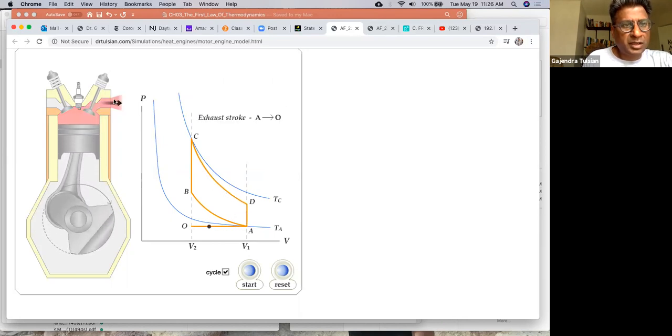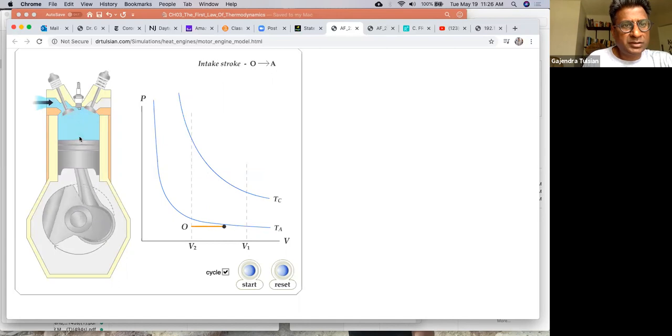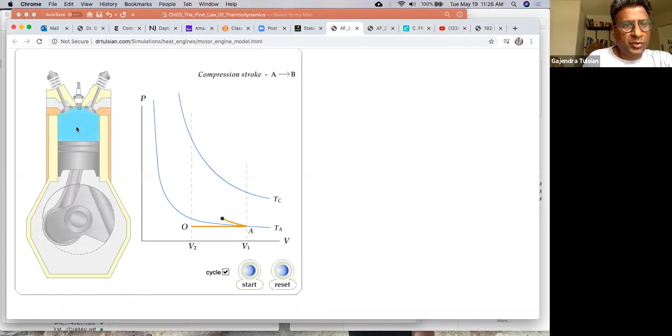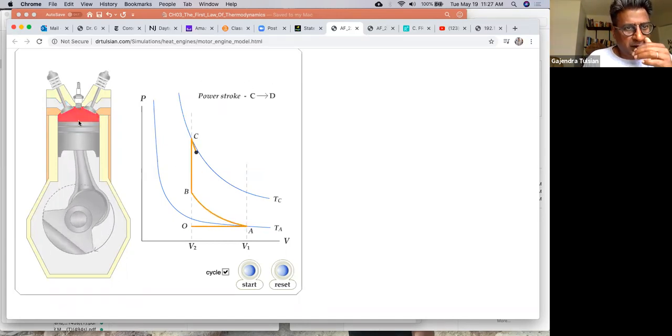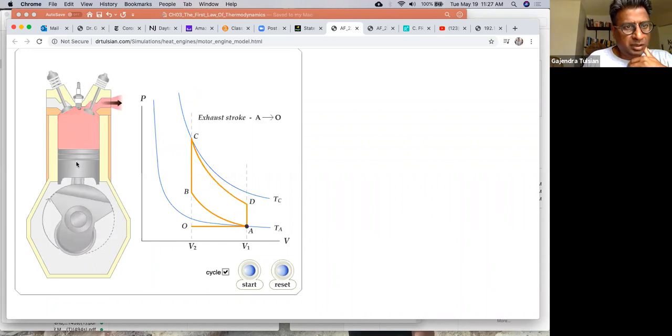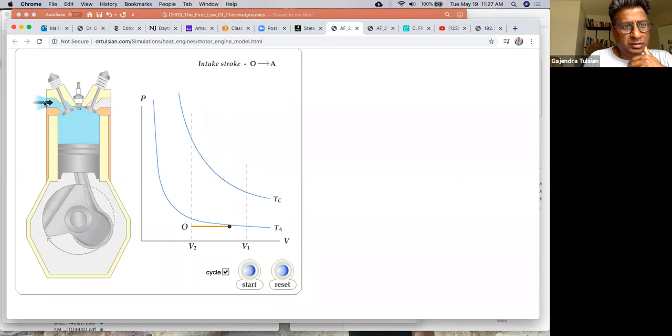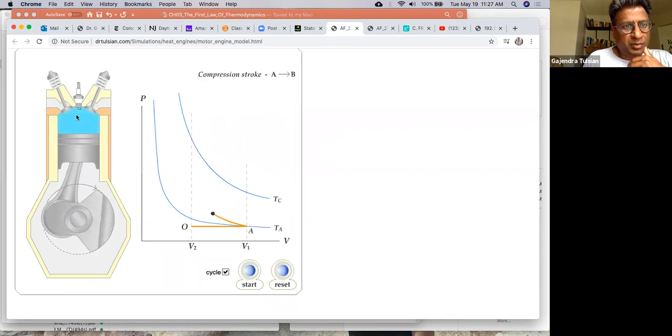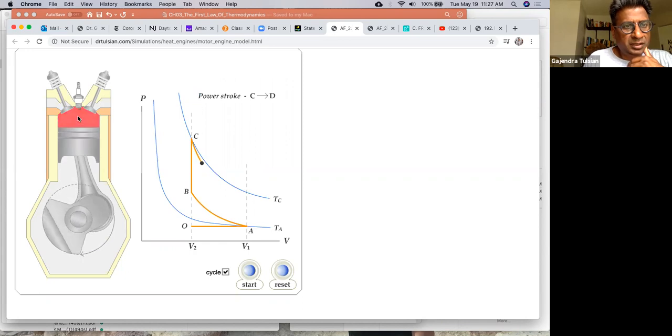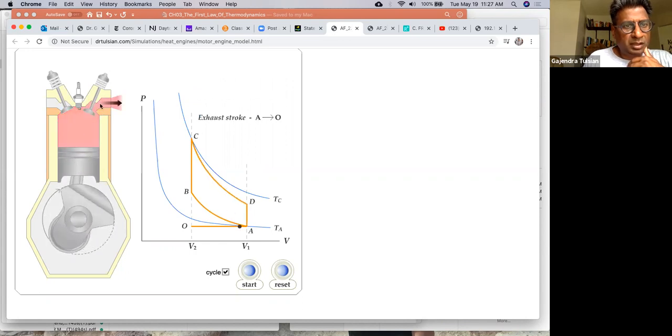Now exhaust cycle, refresh, compress, heat released, work being done, refresh, exhaust, refresh, compress, heat, work done, exhaust.